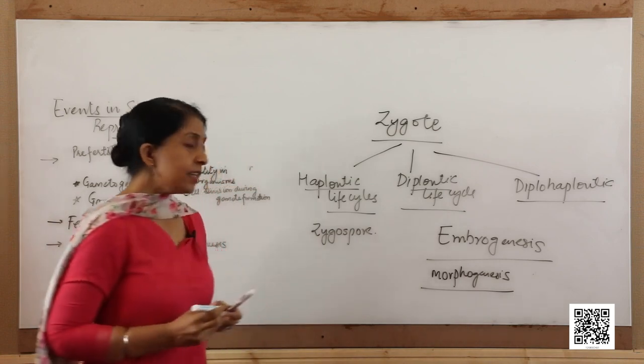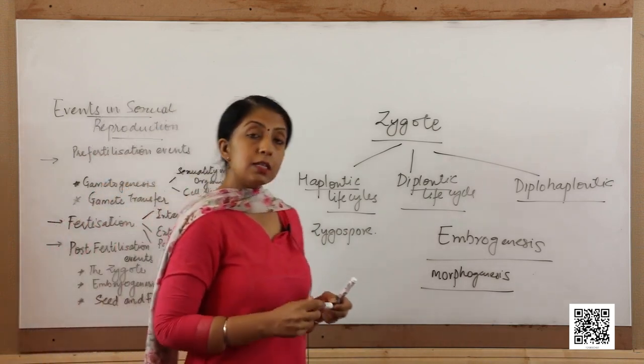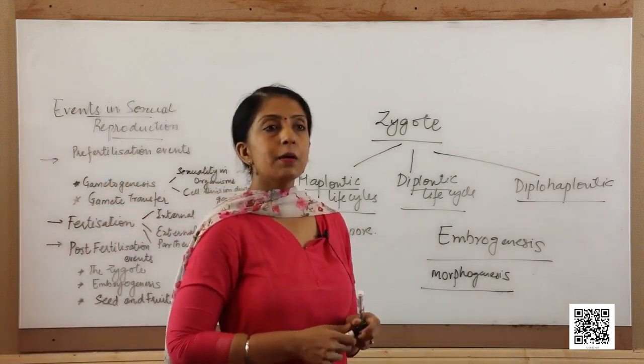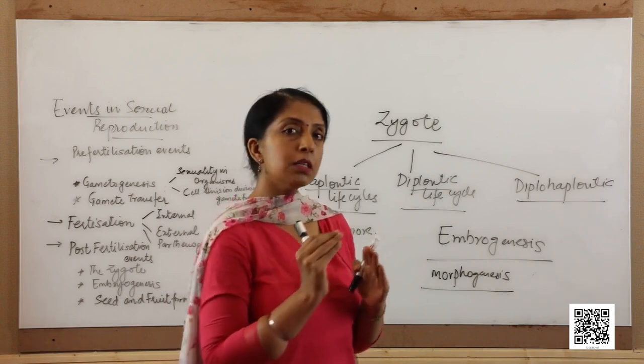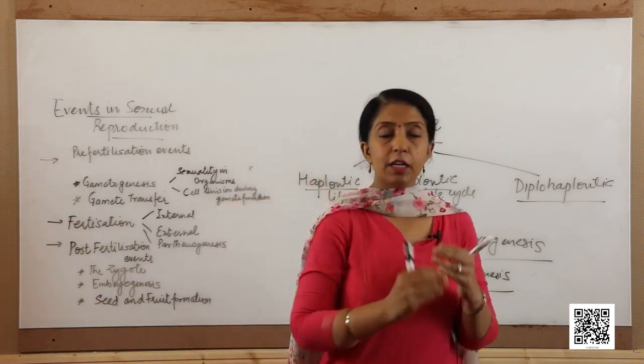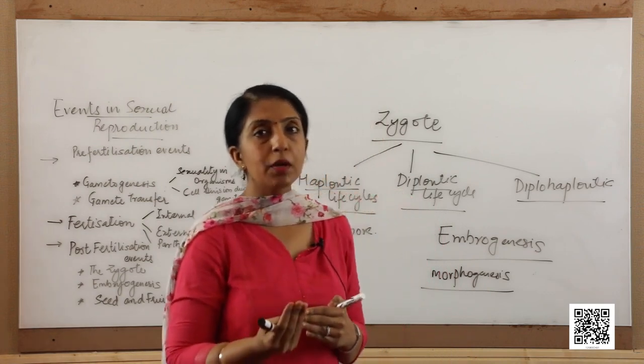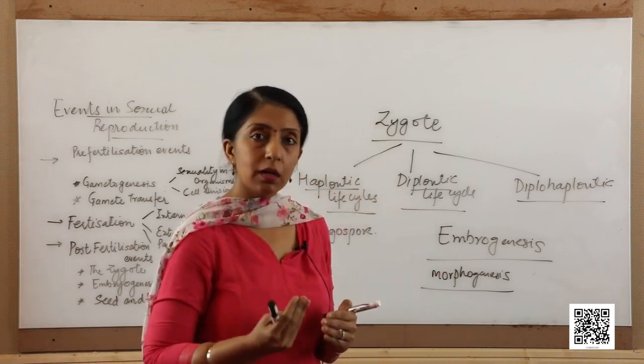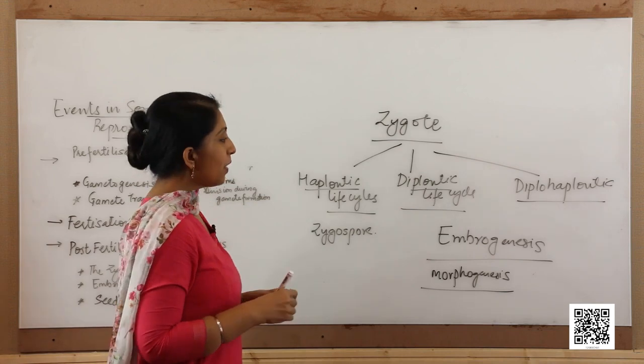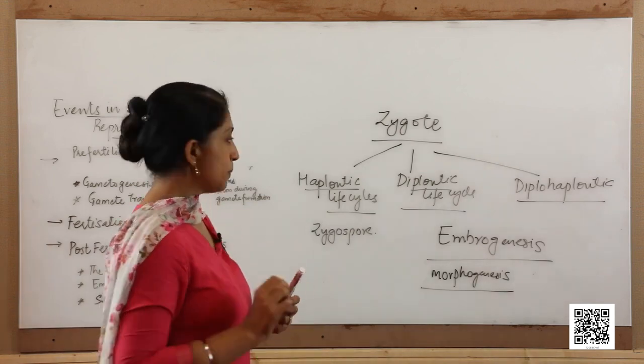Now, depending upon whether this embryo is protected within the mother's body and nourishment is provided to the growing embryo or not, the animals can be divided into three main types.